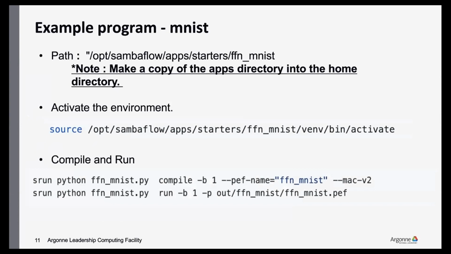So for the example, we start off with a hello world example for the MNIST. This is present at the path specified below. Just a note to anyone who wants to try out these examples on the system, it's recommended to make a copy of the apps directory into your home directory.